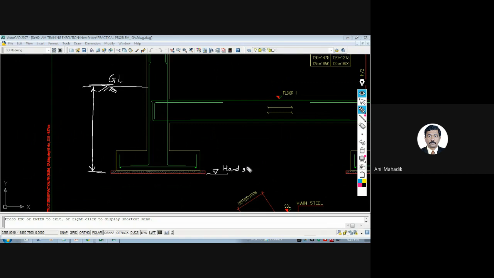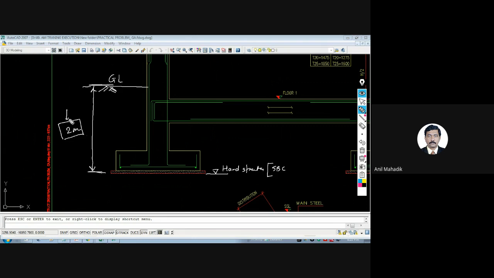Whenever you take a test pit on the site, or do the geotechnical investigation, we get these levels. Let's say your hard strata is 2 meters below the ground. So your foundation depth is 2 meters below the ground, and the hard strata has some SBC. Let's say you have a geotechnical report.